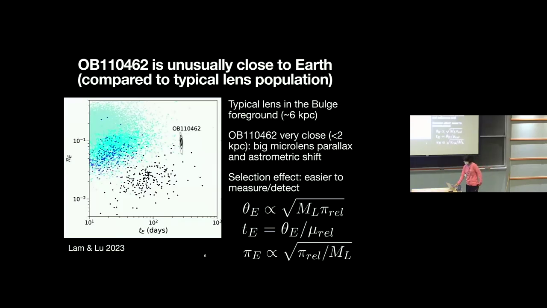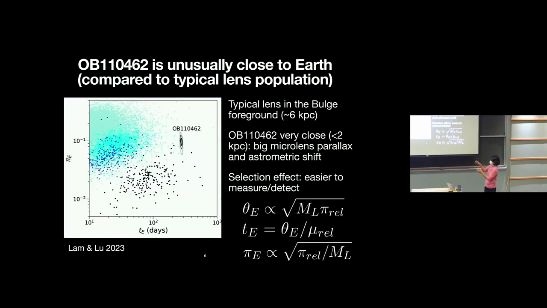Looking now a little bit broader into the population of microlensing black holes, 0462 is unusual, as Peter alluded to. The reason for this, I'm going to attribute mostly to selection effects. So this is the pi_E versus t_E distribution, where black holes tend to live in the lower right corner, because the pi_E parameter is proportional to 1 over the square root of the mass, and t_E is proportional to the square root of the mass.